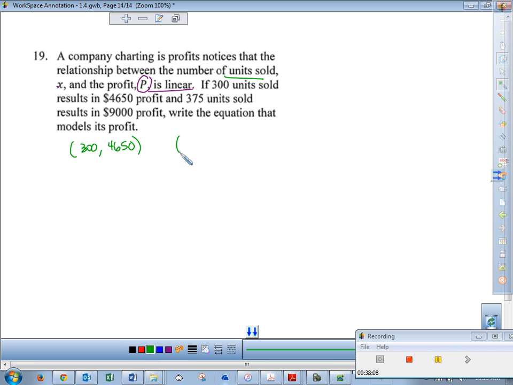They also have another bit of information, 375, 9,000. It says write the equation that models that profit, so you need to find a slope. That would be 4350 over 75.